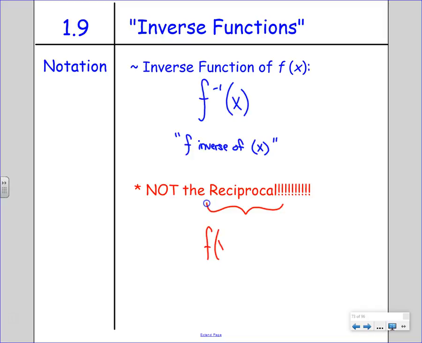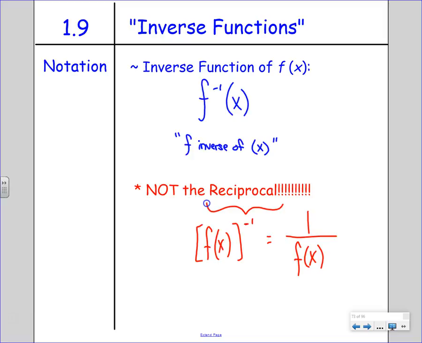If I wanted the reciprocal of f of x, if you remember this, good. That means you remember negative exponents mean flip whatever you have. If it's not in a denominator, put it in a denominator. If it is in a denominator, flip it up.